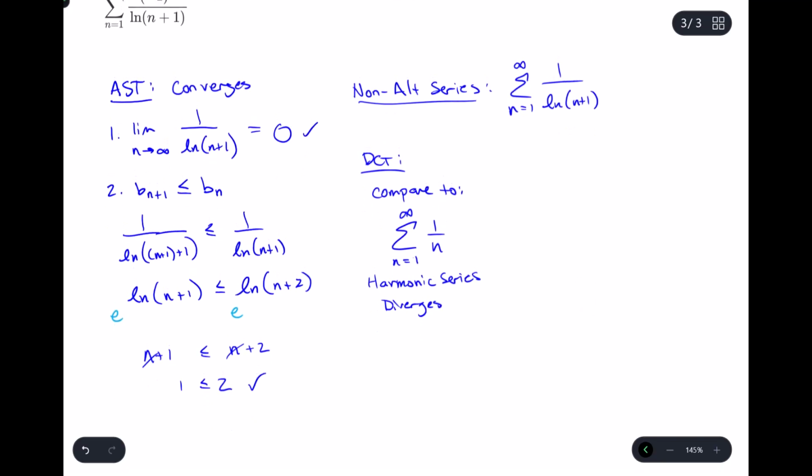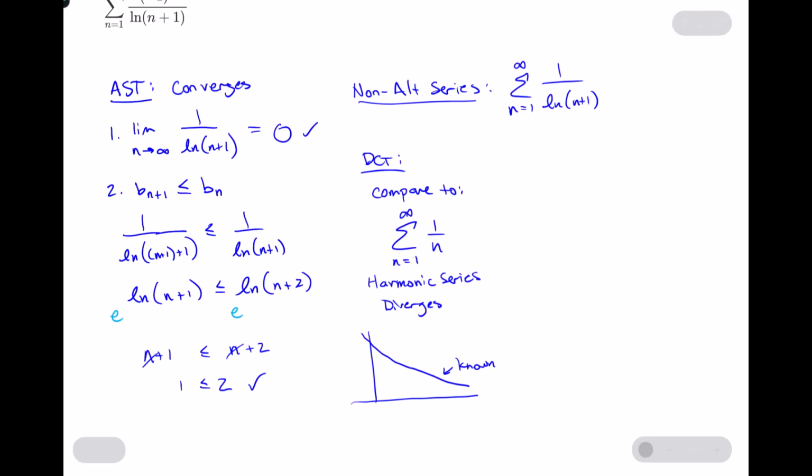All right, now in the direct comparison test, what we need, we have the known sequence and that is diverging. So then if that's diverging, we need a series that's going to zero even slower.